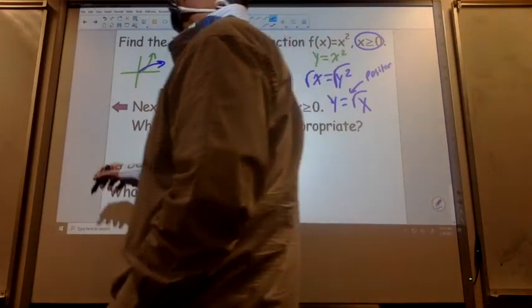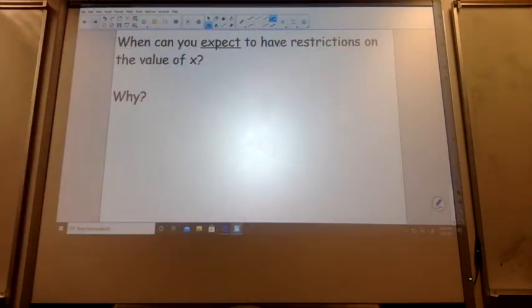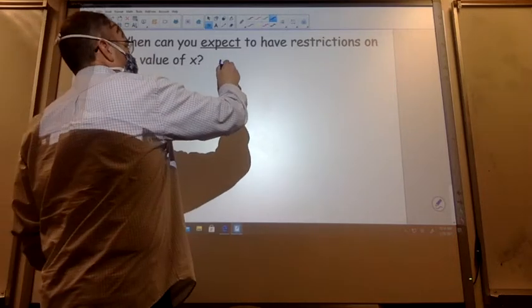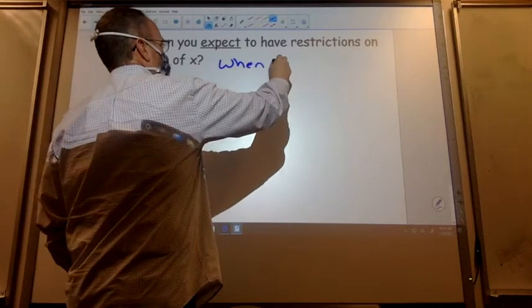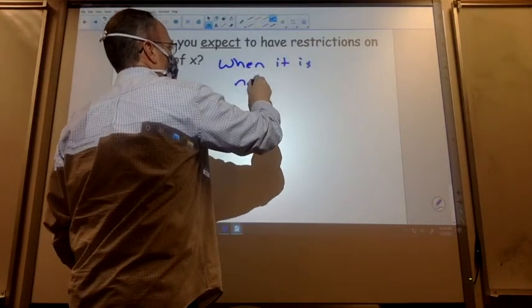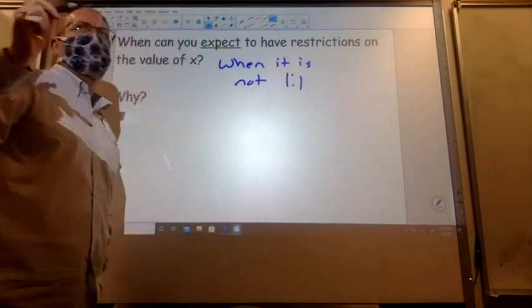Moving on. When can you expect to have the restrictions on the value of x? When it is not one-to-one.